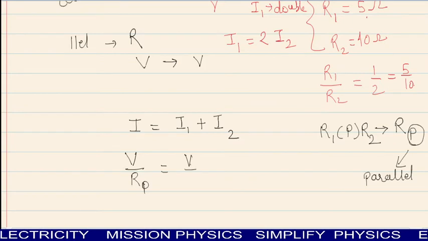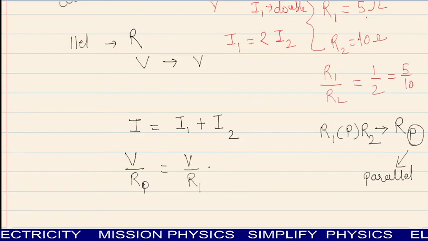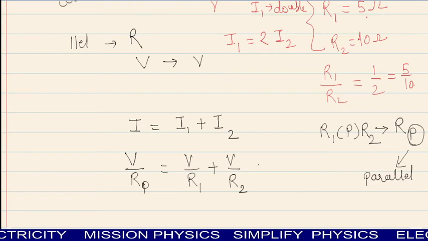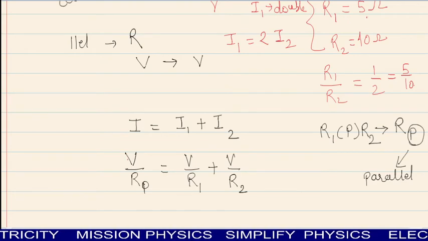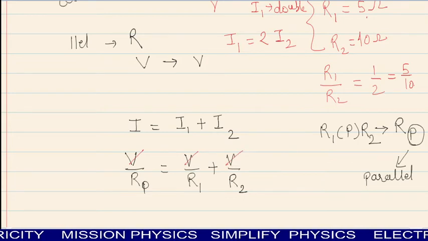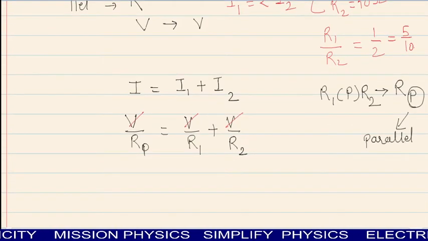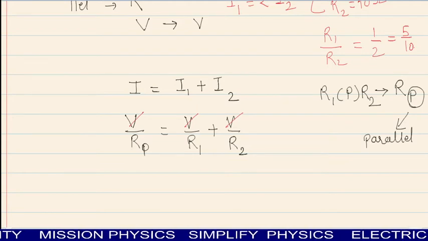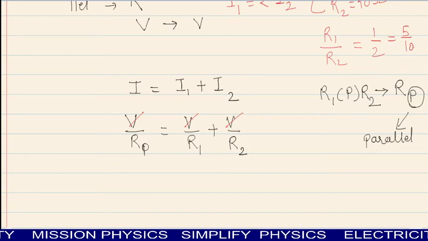I1 के प्लेस पर V अपॉन R1. I2 के प्लेस पर V upon R2. This is by Ohm's law. Now from both the sides, V is cancelled. Therefore, we get 1 upon Rp equal to 1 upon R1 plus 1 upon R2.